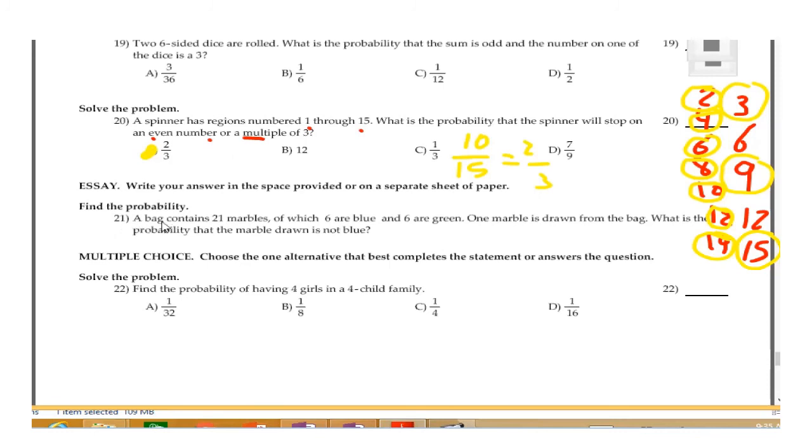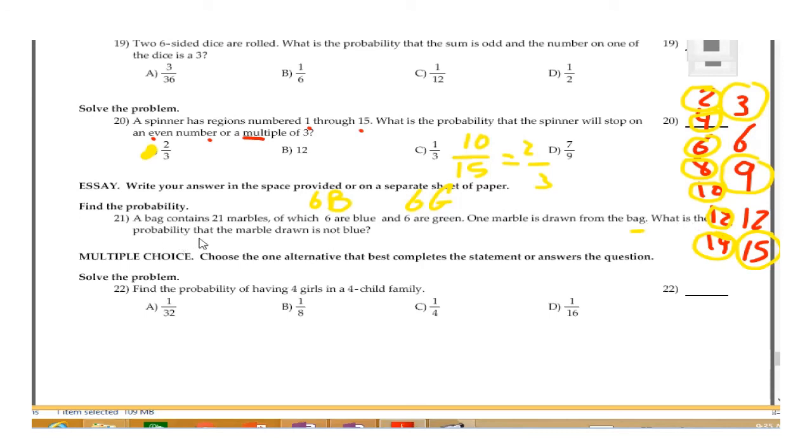For number 21, a bag contains 21 marbles. 6 are blue, 6 are green, and 1 marble is drawn from the bag. 6 and 6 is 12. 12 out of 21 leaves 9, right? So the number of the rest is 9, of different colors. 1 marble is drawn.